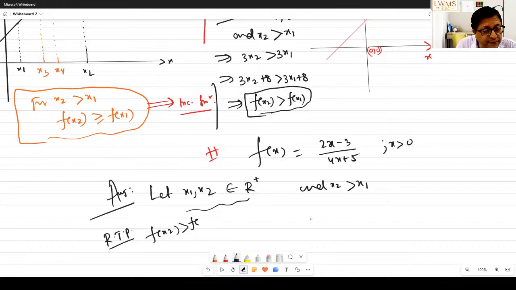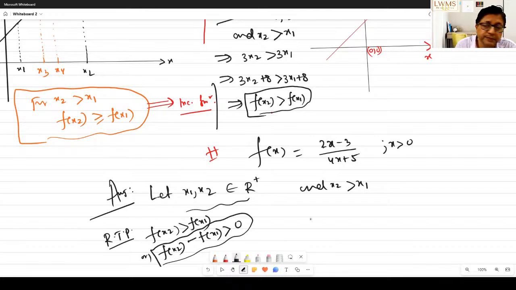f(x2) greater than f(x1), or f(x2) minus f(x1) greater than 0. We are supposed to prove this. For this proving, from here, let us take f(x2) minus f(x1).